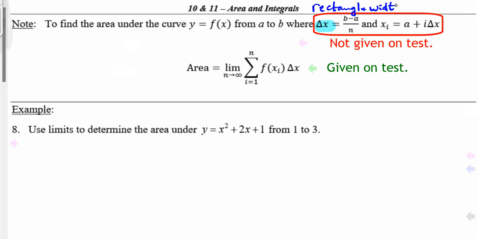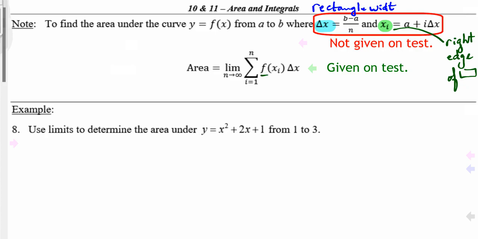Good. And then this x with the subscript i, that is the x value on the right edge of the rectangle. And we need to know that in order to calculate the height on the right edge, right?